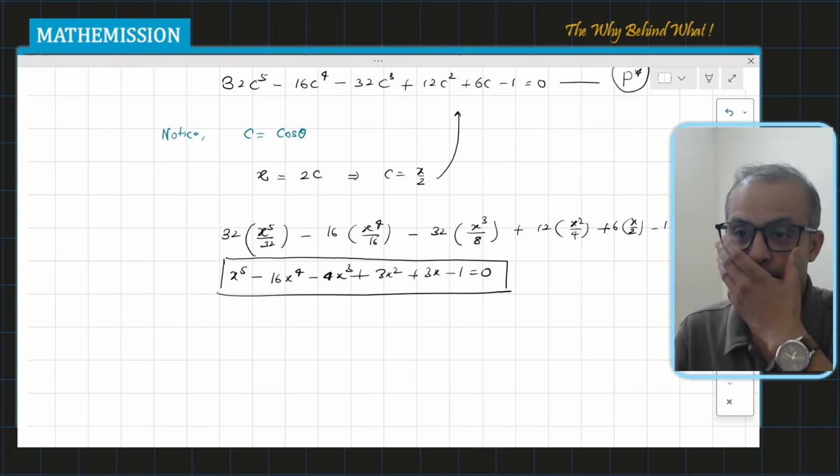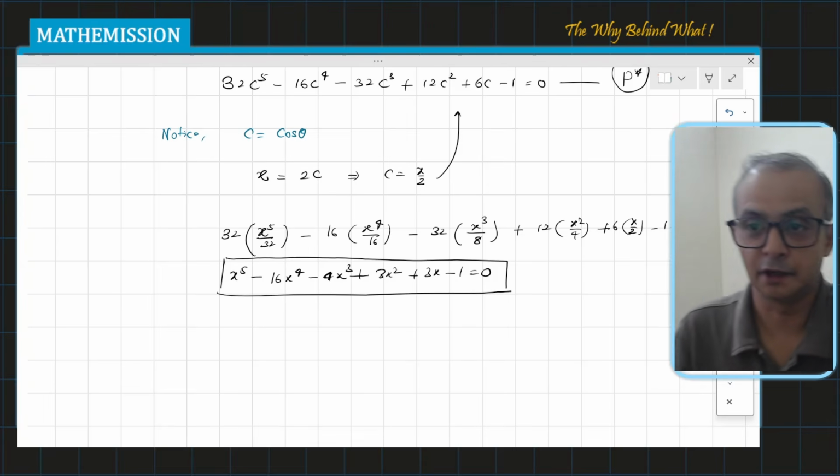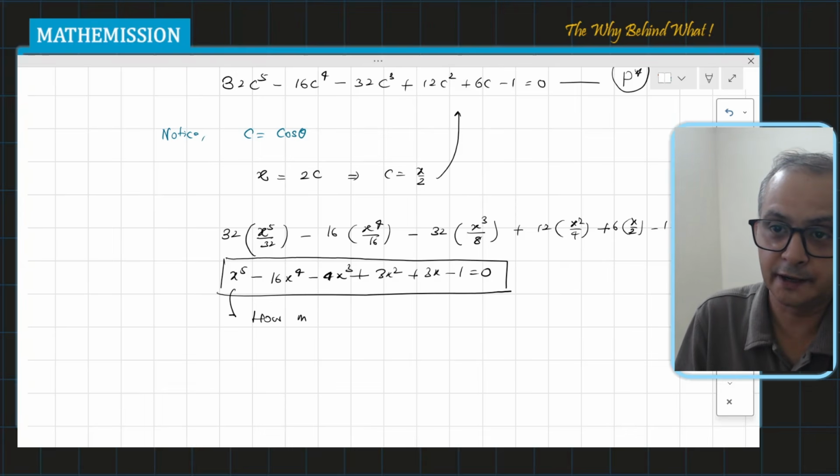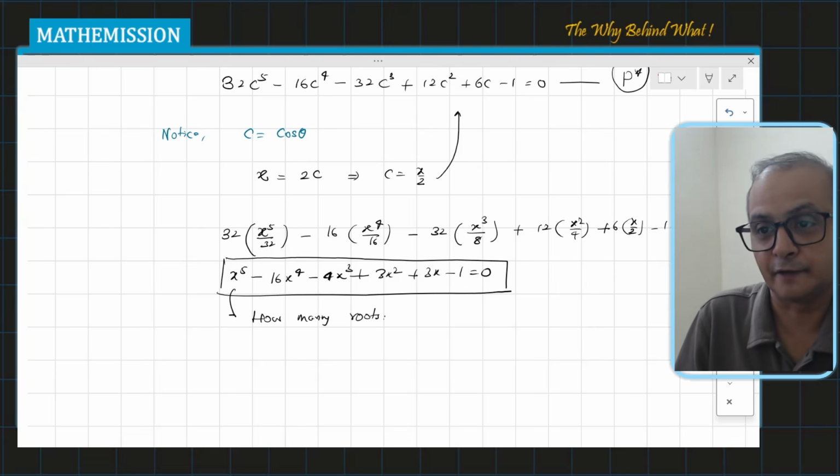So this is the polynomial we have, for which the product of roots, not product of roots actually. So this has how many roots? How many roots we have? Notice, 5 roots. And what are those? The x_k's are the roots, for k going from 1, 2, 3, 4, 5.